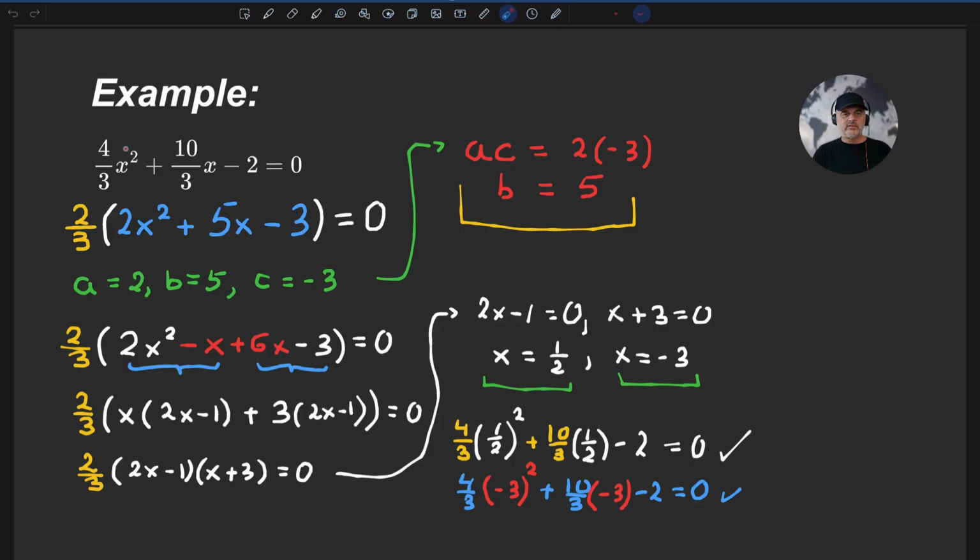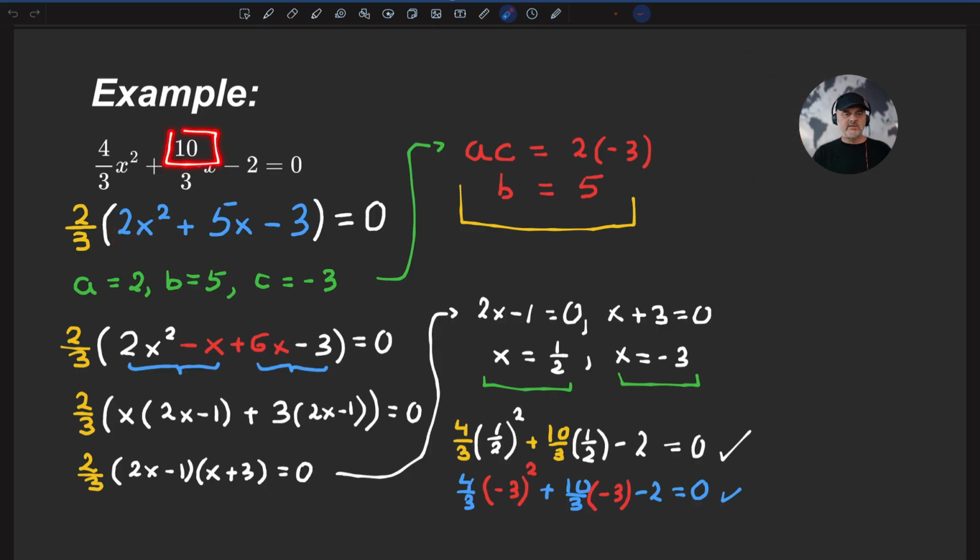So 4/3, remember 4/3 can be expressed as 2 times 2 divided by 3. So this is why you can say, okay, 2/3 could be extracted from that. So that would leave you 2, coefficient 2 inside.